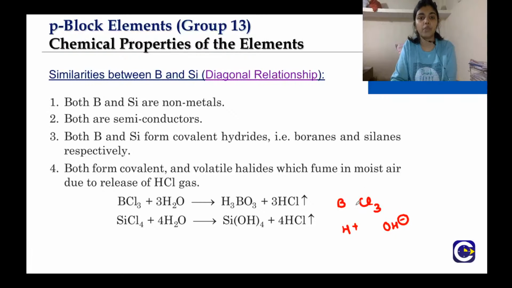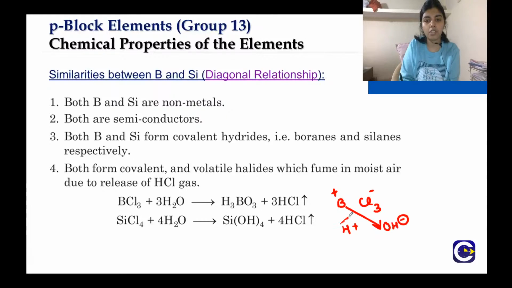We know that chlorine is highly electronegative and more electronegative than boron. So let us give it a negative charge and give boron a positive charge. Now positive combines with negative, and here also positive combines with negative. So the product will be B(OH)3 plus HCl.